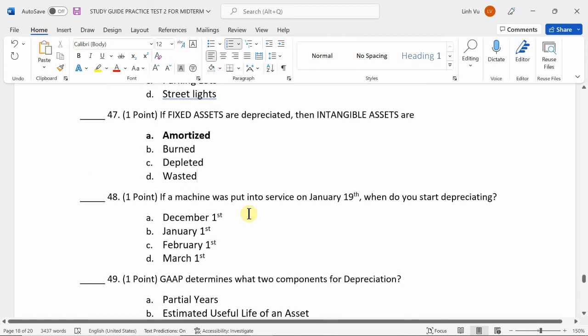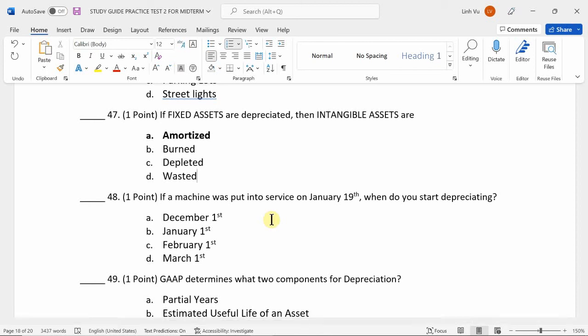Number 48, if a machine was put into service on January 19, when do you start depreciating it? So again, the rule is if it's within the first half of the month, from January 1st to January 15, then you're going to depreciate it because it's been used for more than 50% of the month.